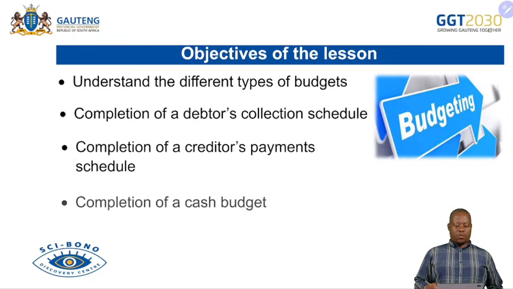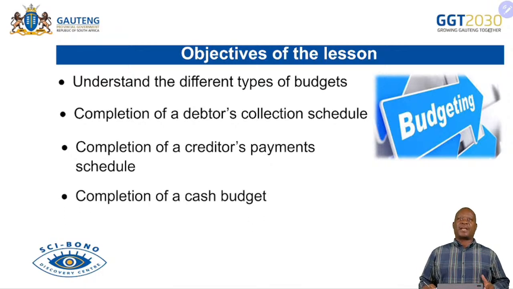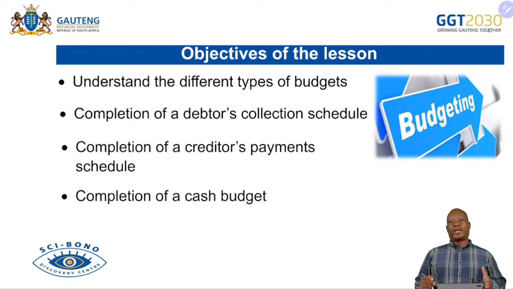And then we are going to look into the cash budget and how we can be in a position to complete situations in which we are given an incomplete cash budget.